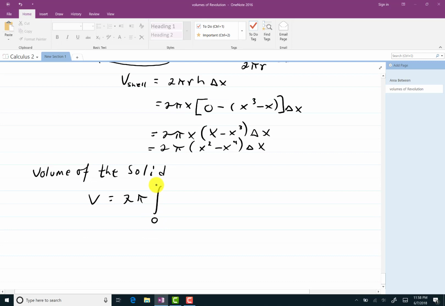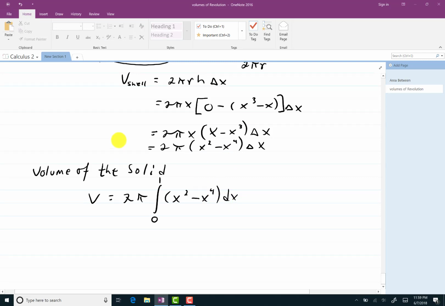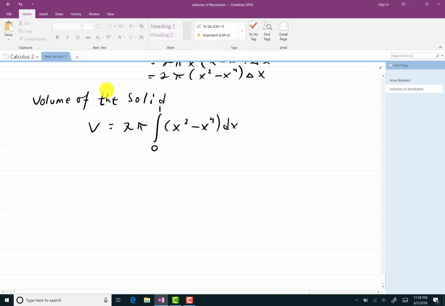So 0 to 1, x squared minus x to the fourth dx. Not much here. I feel like I would offend you by actually finishing this problem, so let me just write the final answer and you can check it out for yourself. I get 4 over 15 pi.